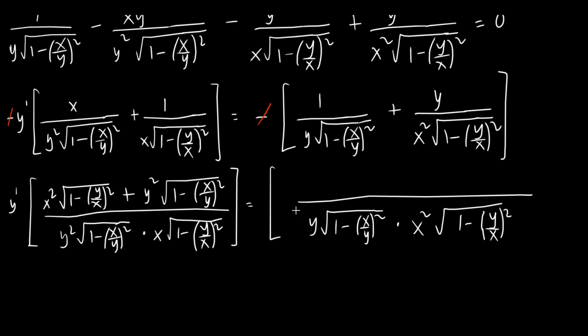So we copy the x squared multiplied by the square root of 1 minus (y over x) squared, plus, just copy the second term, y squared multiplied by the square root of 1 minus (x over y) squared.